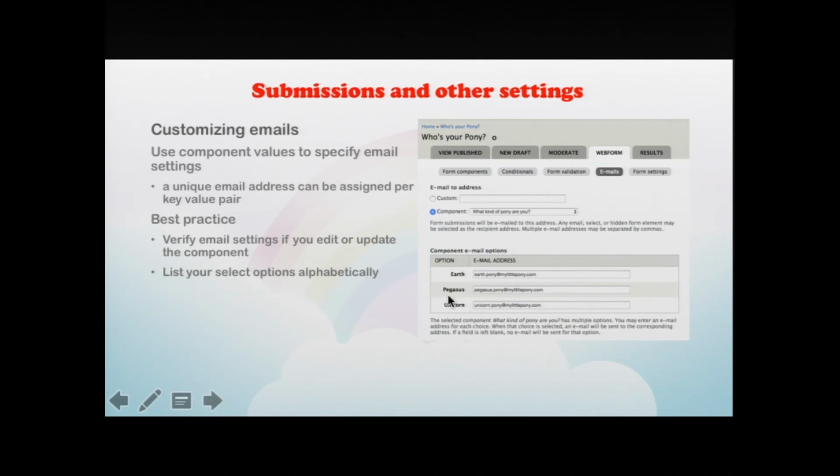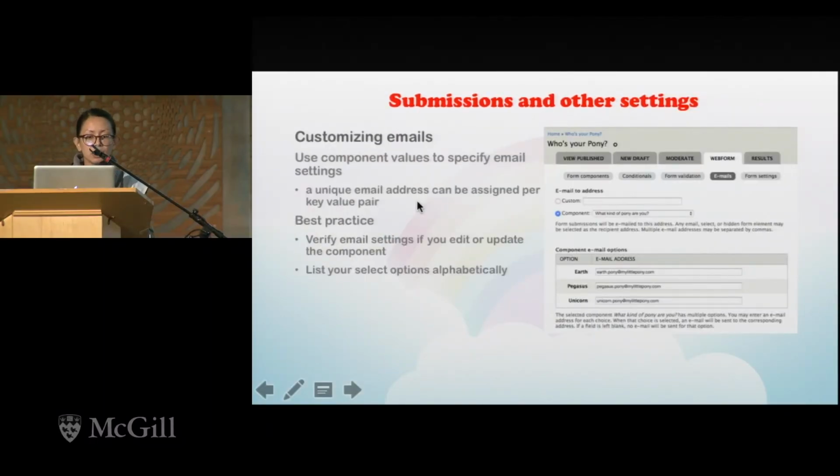If they answered Pegasus, it would be sent to pegasus.pony@mylittlepony.com, and so on and so forth. This just means that you can use component values to specify your email settings, and that a unique email address can be assigned per option or key value pair.